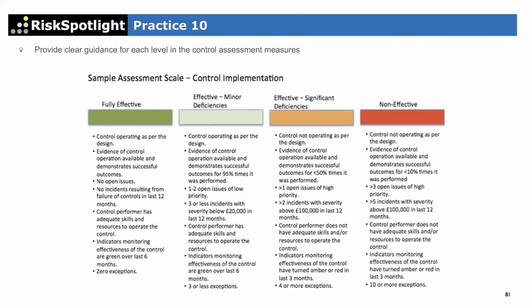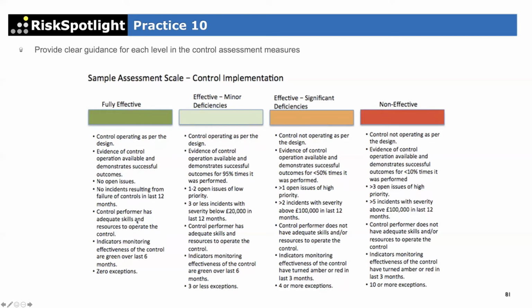And similarly, on the control implementation or control execution, you can give a scale where you can only say a control is fully effective if the control is operating as per the design. There is evidence of the control operation, and that evidence is available. There are no open issues or weaknesses we know about at the moment. There has been no incident in the last 12 months which resulted from the failure of that control.